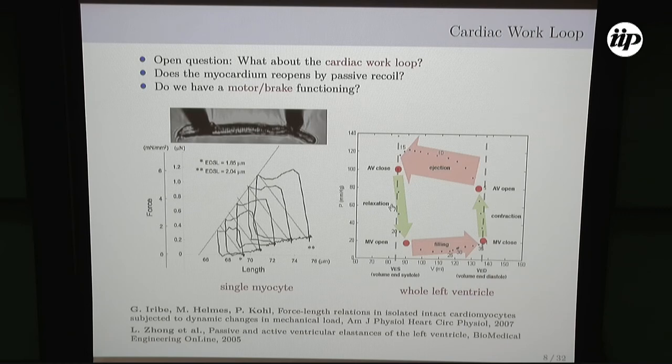The thickness of the ventricle is very large, so we are talking about a vessel that is 1 centimeter thick. It is big like that, like my hand closed, and the thickness is 1 centimeter. So it is a very thick object.